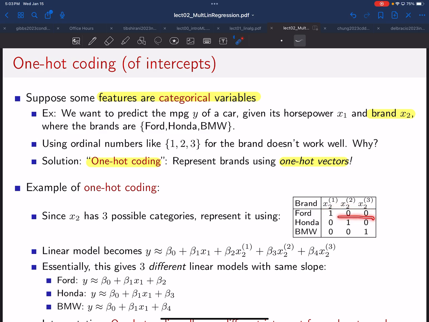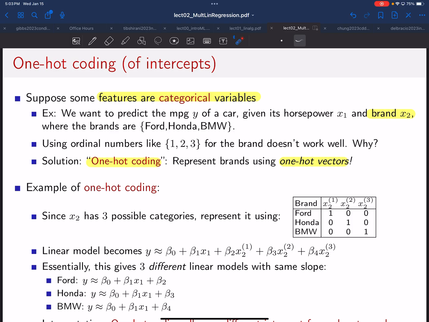Anytime we have a Honda, we'll assign them 0, 1, 0, and BMW 0, 0, 1. Okay. So we're taking that original scalar feature X2, expanding it into 3 features, and then depending on the brand, we're coding them in this way. Is that clear what we're doing? How we're doing it? Okay.